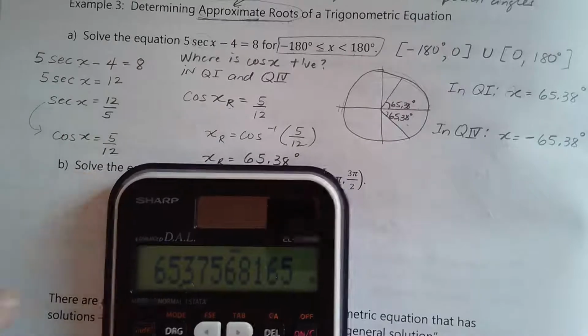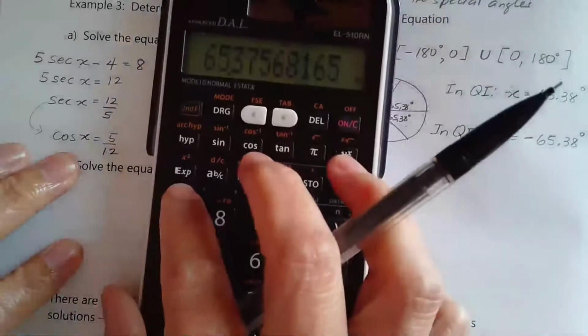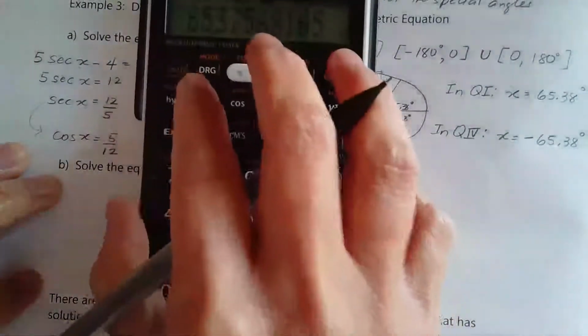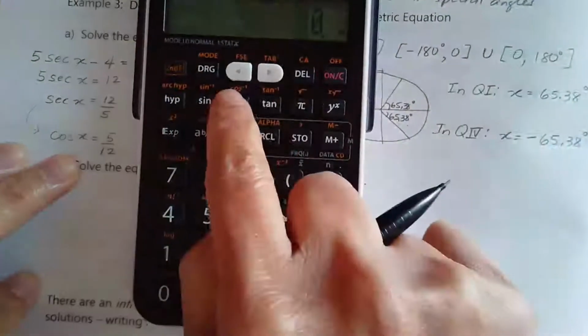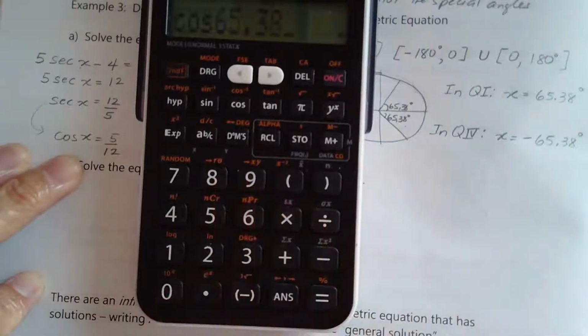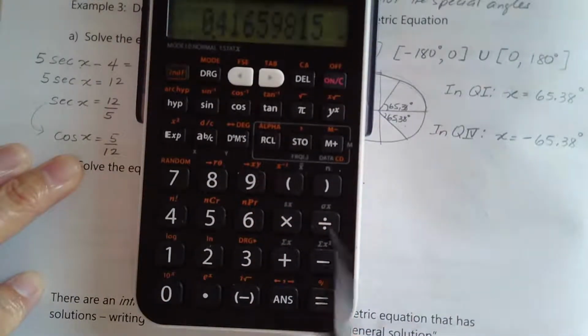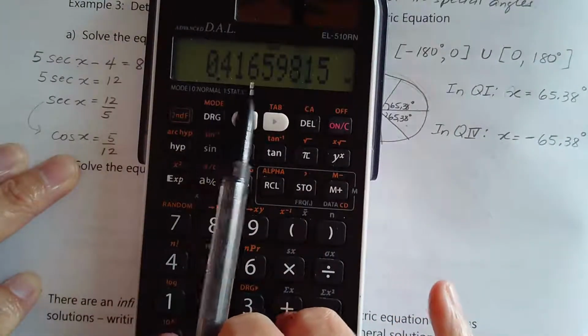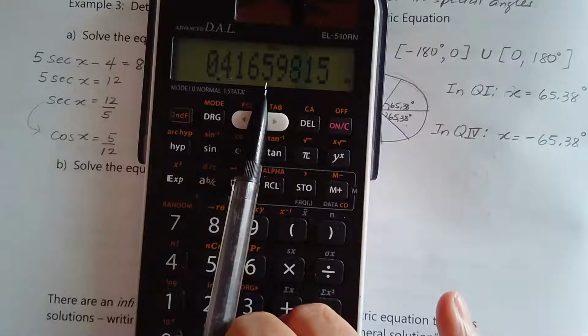So I'm going to try that. Cosine of 65.38, equals 0.4165.